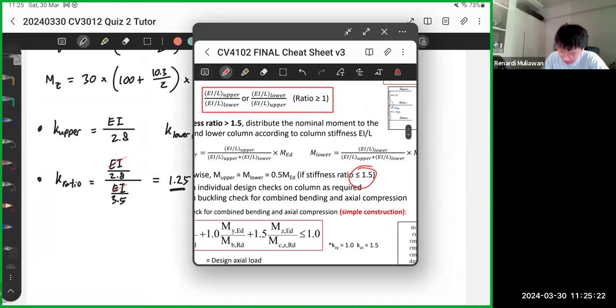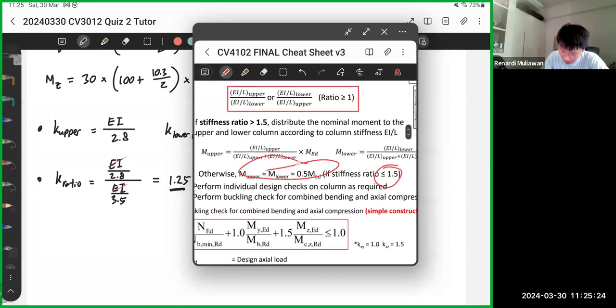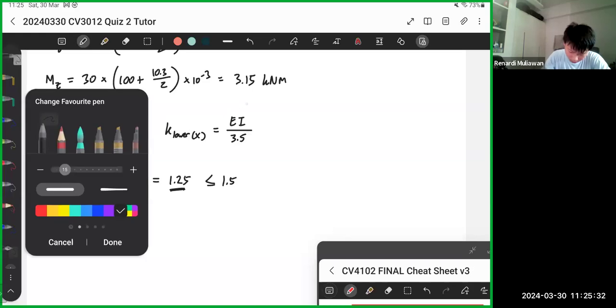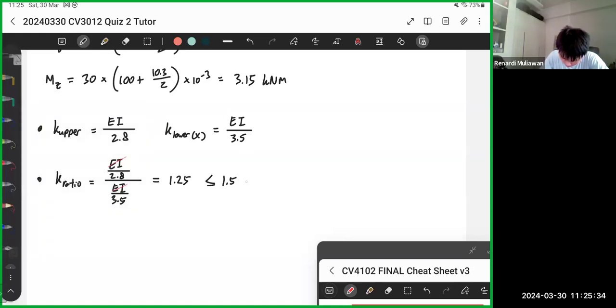If the ratio is less than 1.5, then you can split the moment into half. So if we go back here, based on this, therefore split half.